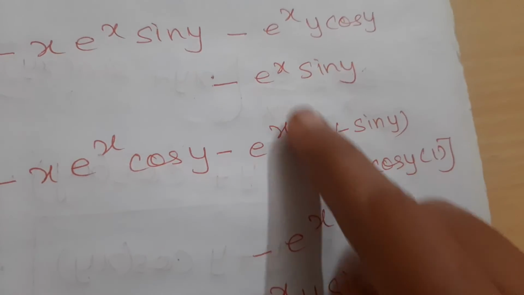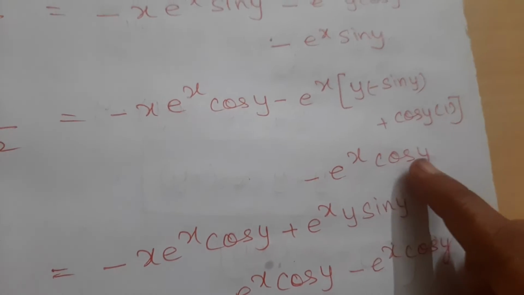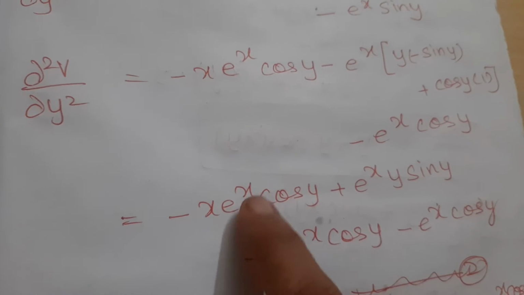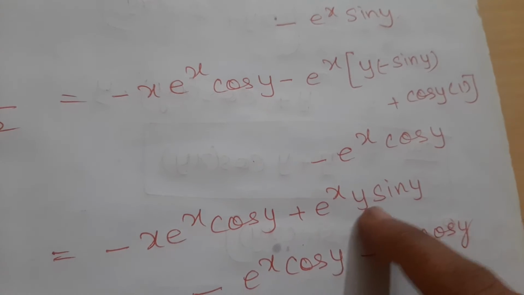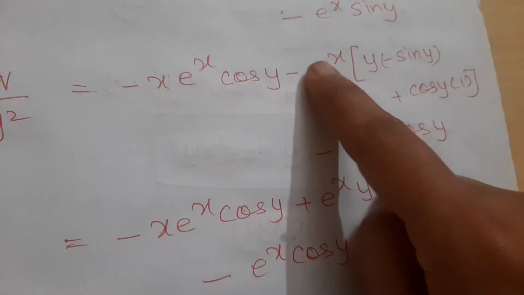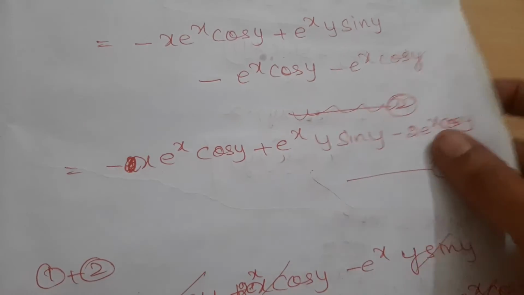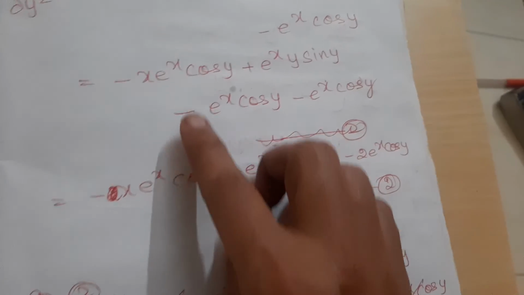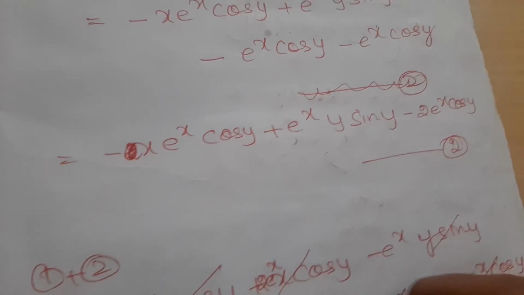Minus e power x is a constant, and the differentiation of sin y with respect to y is cos y. Rearranging: minus x e power x cos y plus, minus into minus, plus e power x y sin y, minus e power x cos y minus e power x cos y. So minus 2 e power x cos y. This will be the second equation.